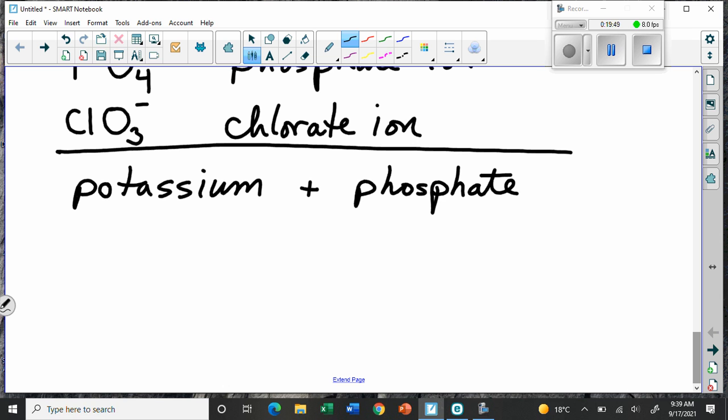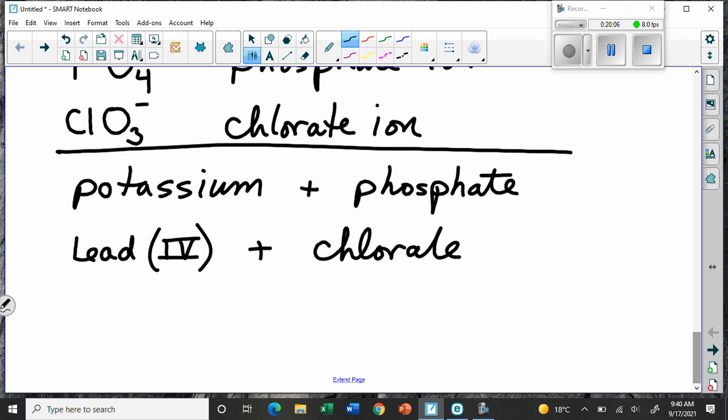Let's do lead 4. So that tells you what kind of ion it is from before, right? Let's combine lead 4 with chlorate. Let's use sodium and combine it with nitrate.